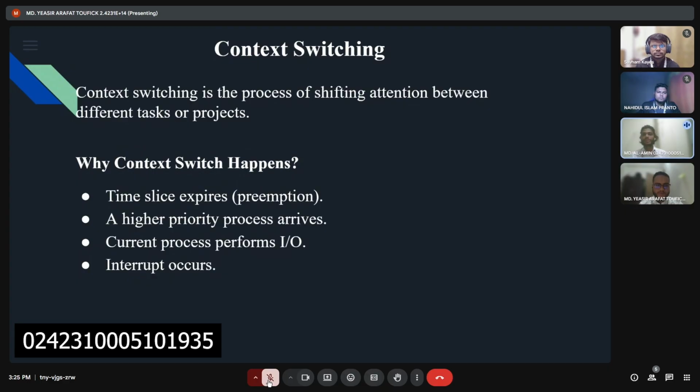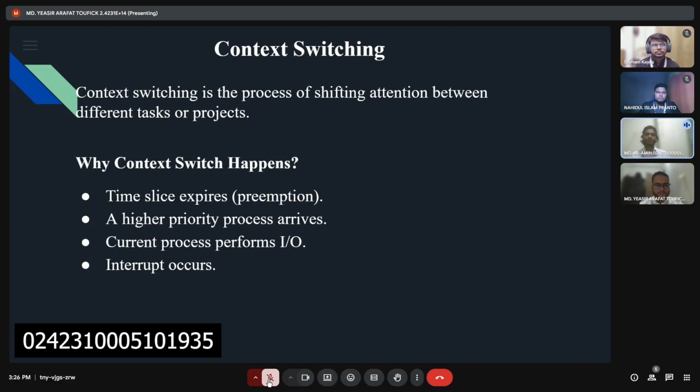A high priority process arriving means that when a new process arrives with high priority and becomes ready, the CPU switches from the current process to the important incoming process. If the process performs input output and gets blocked, the current process requests input output and cannot continue execution, so the CPU switches to another ready process.